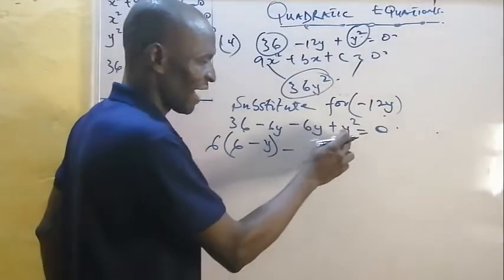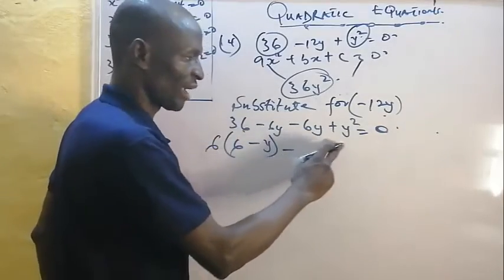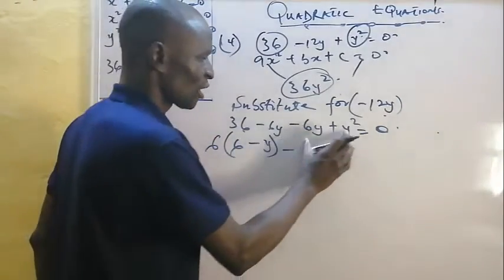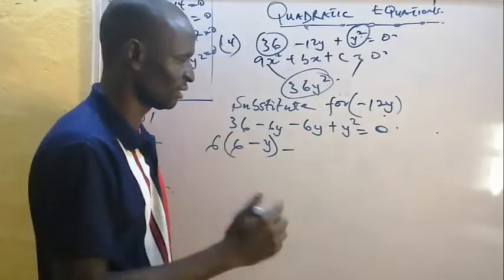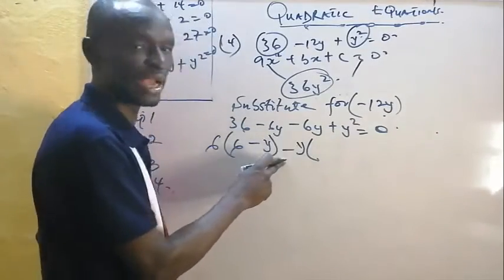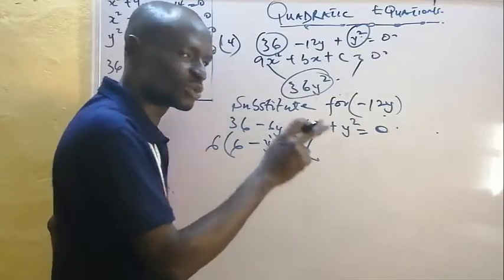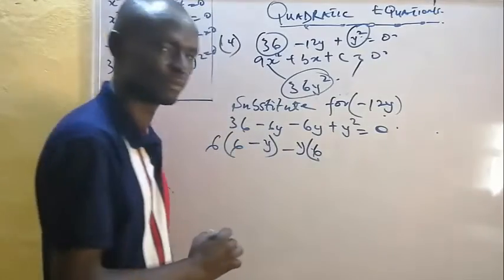Minus 6y and plus y squared. Look at this carefully. I have minus 6y and plus y squared. What is common between both of them? Y. Now, I'm going to bring out y, but remember there's a negative sign here. Minus y in minus 6y, I'll be left with 6.